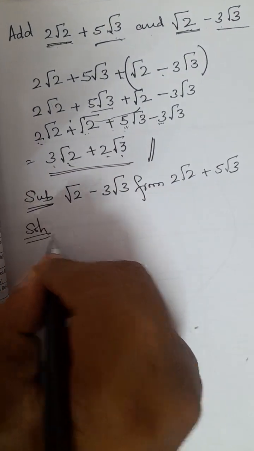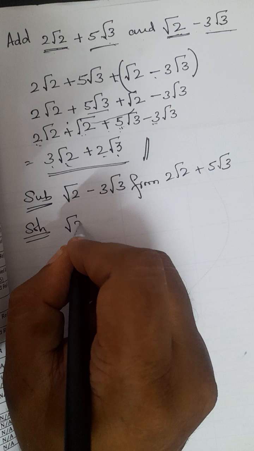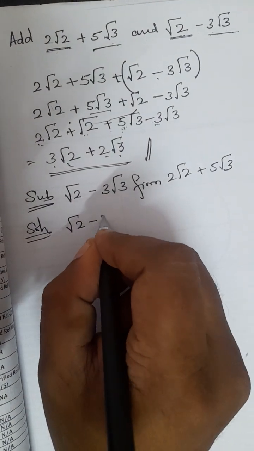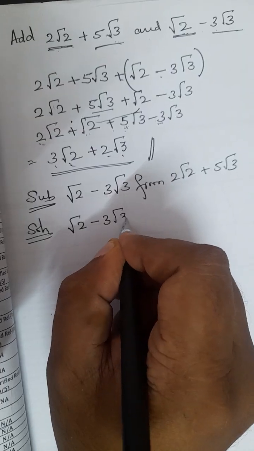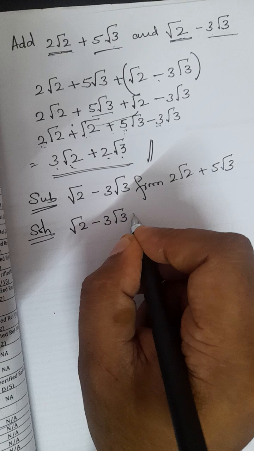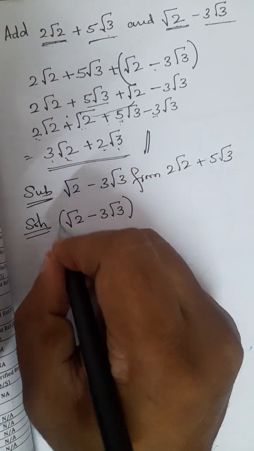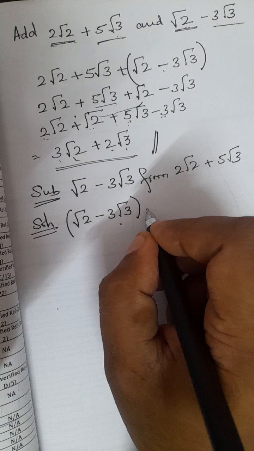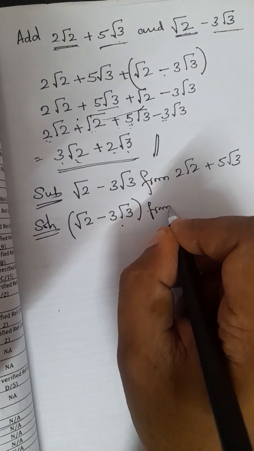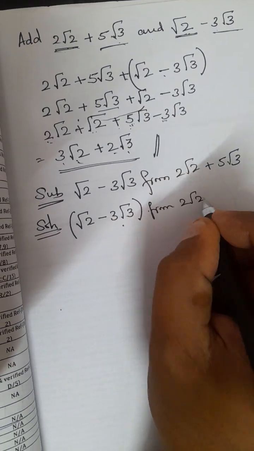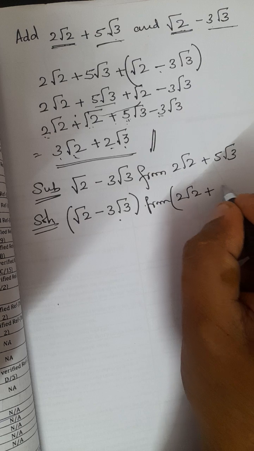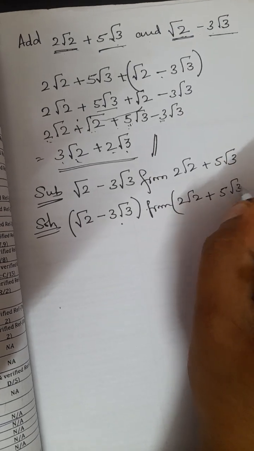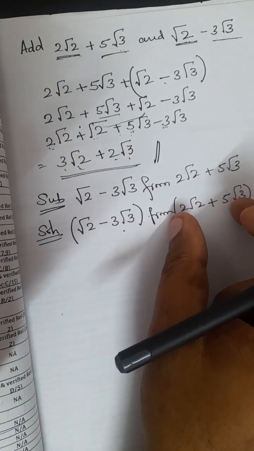Solution, root 2 minus 3 root 3, and this I'll put in one bracket. This is one bracket, and this has to be subtracted from 2 root 2 plus 5 root 3, another bracket. This has to be subtracted from this.